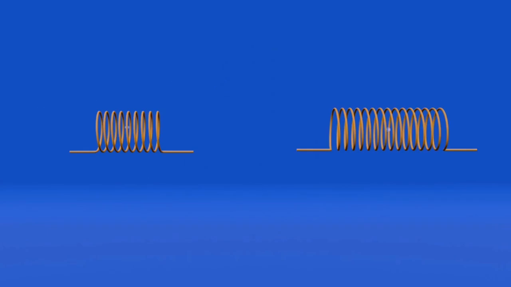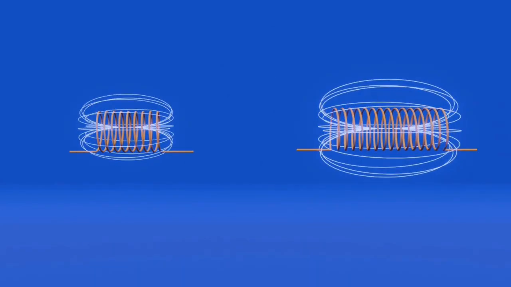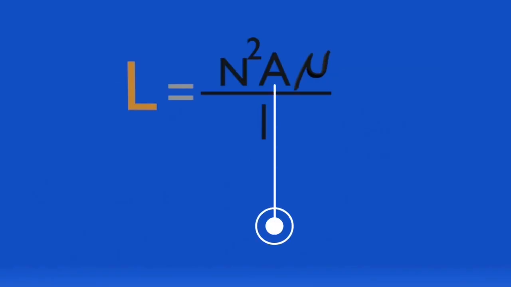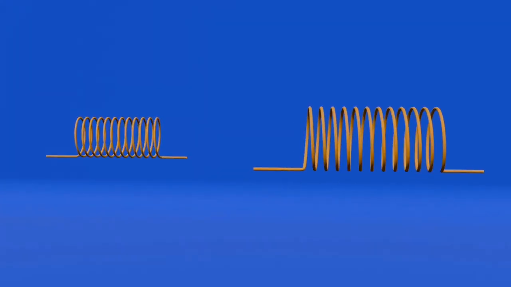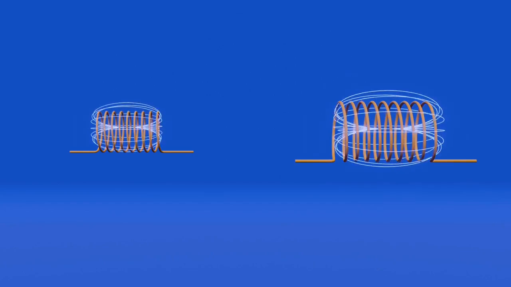For example, if we take two inductors, one with 9 turns and the other with 15 turns, the inductor with 15 turns will have more inductance and a bigger magnetic field than the other. The second term in our equation is the area of the inductor. The bigger the inductor, the higher its inductance value, and the larger the magnetic field.